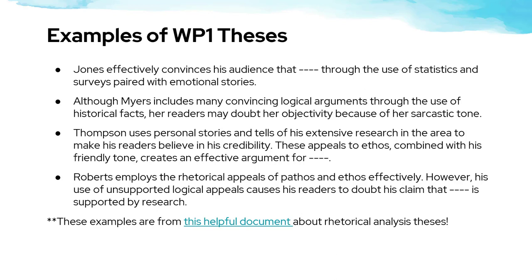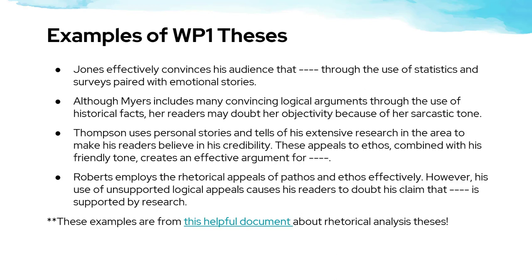Jones effectively convinces his audience of whatever Jones's thesis is through the use of statistics and surveys paired with emotional stories. This is an effective thesis. Number one, we have the who, Jones. We have a what, Jones effectively convinces his audience. And then we have a breakdown of how exactly Jones effectively convinces his audience through the lens of rhetorical appeals.